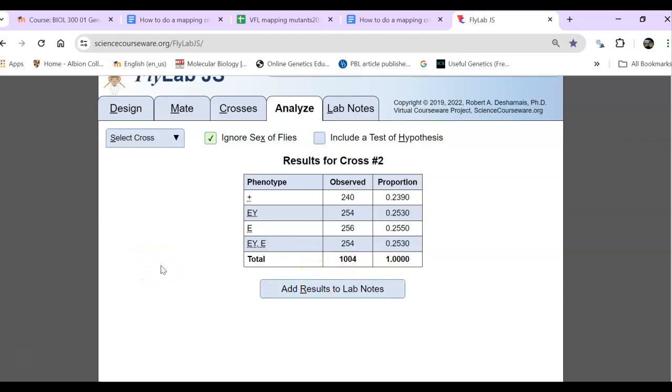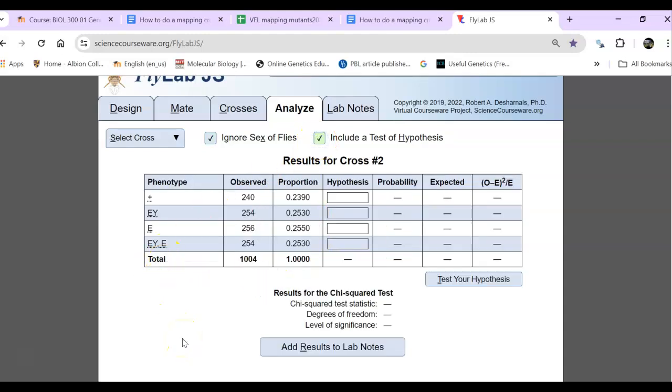But that's not good enough for us to just eyeball it and say it's close enough. We're going to do a test of the hypothesis. So we can actually do chi-square with this program. And it does the calculations for us, which is kind of nice because then we can focus on the logic that goes along with the chi-square test rather than worrying about doing all the calculations.